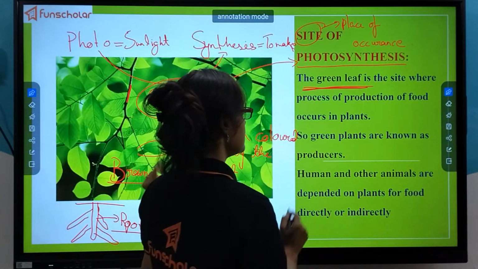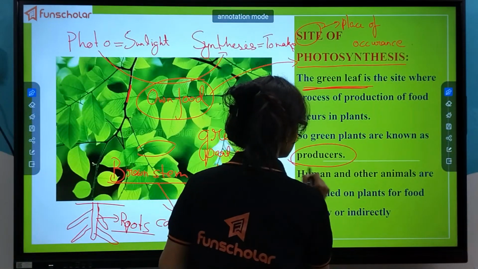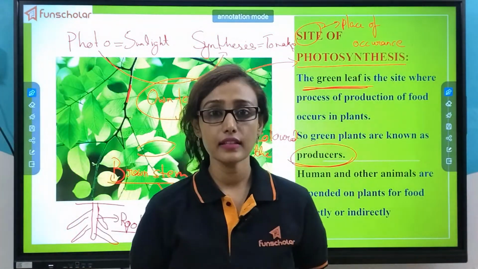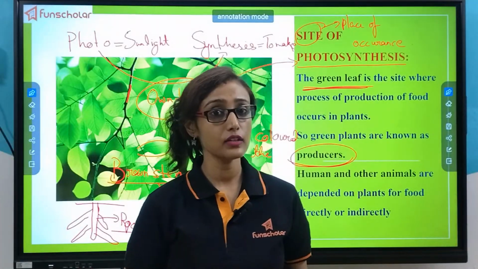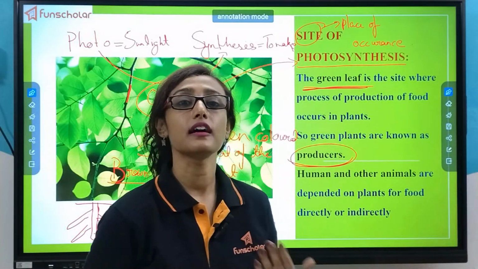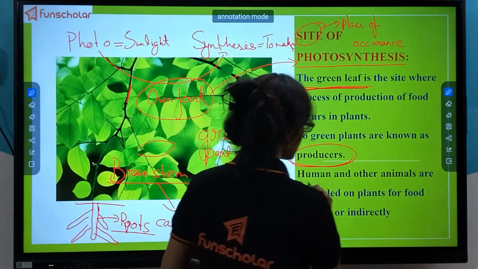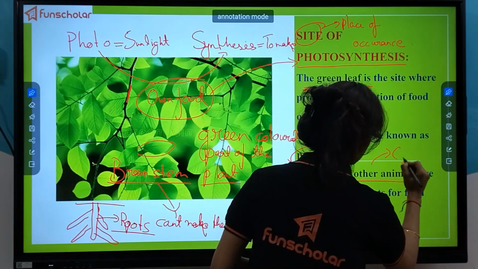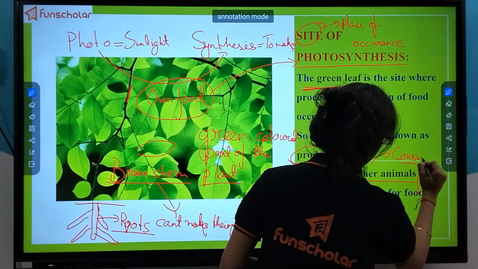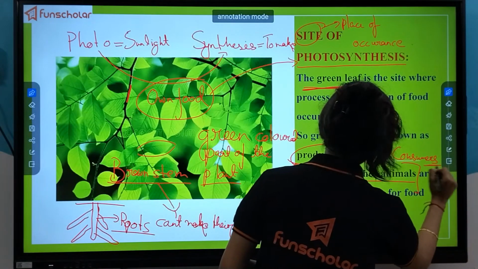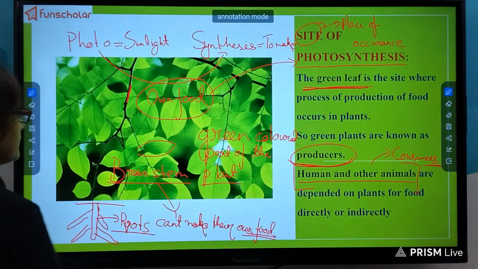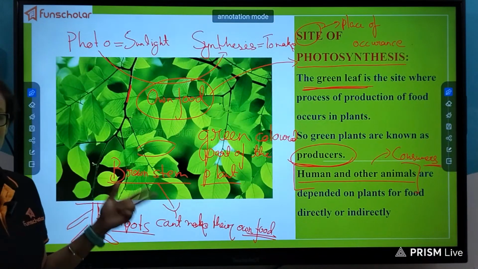That is why green leaves are called producers. And what about us? We humans and other animals who are dependent on the plants are the consumers. Okay? You please note down the important points.